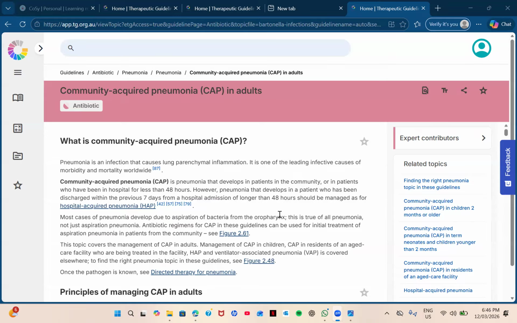So let's discuss community acquired pneumonia. What is community acquired pneumonia, doctors? Community acquired pneumonia is pneumonia that develops in a patient in the community, or in a patient who has been in hospital for less than 48 hours.